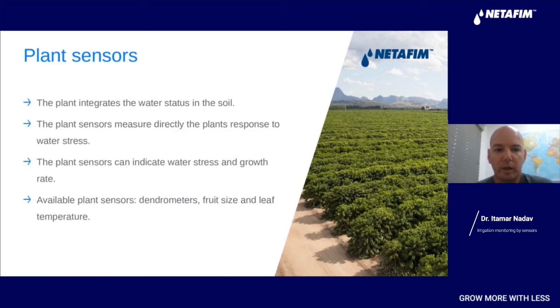Some of it is direct and some of it is indirect. The plant sensor can indicate any water stress and growth rate of the plant. And the available plant sensors that we have are dendrometers, fruit size, and leaf temperature, as I will show you in a second.